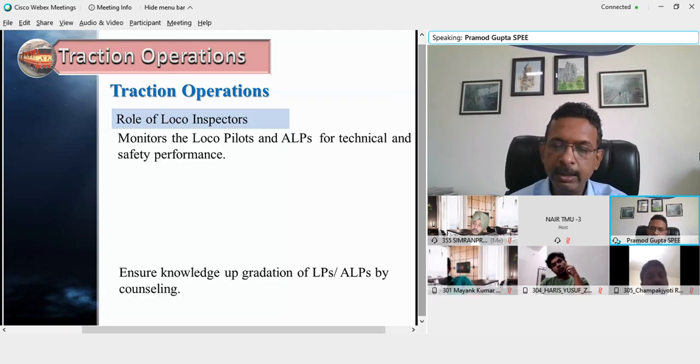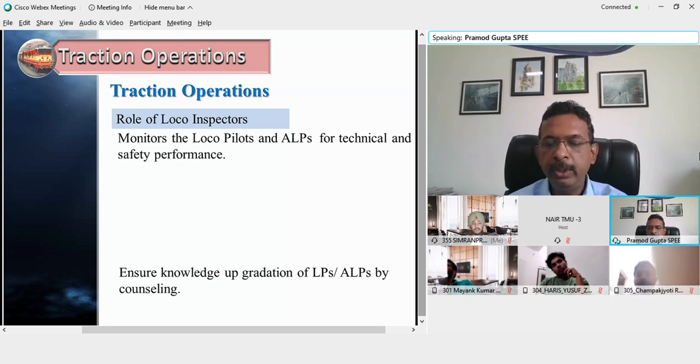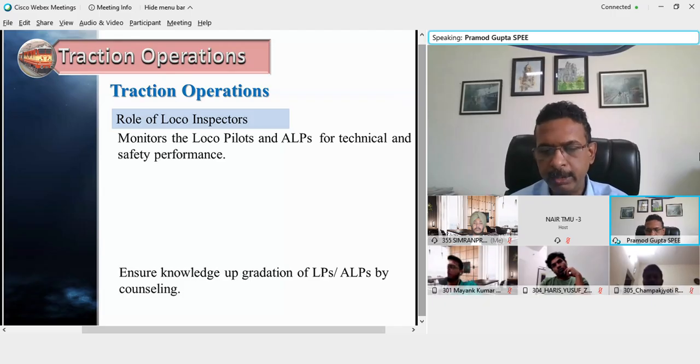He asks them certain questions about the latest instructions which have been issued. If the crew answer properly, it means they have gone through it and understood it. In case there is some lack of knowledge or the crew did not understand the instructions properly, then counseling is required and he does it on the spot itself.